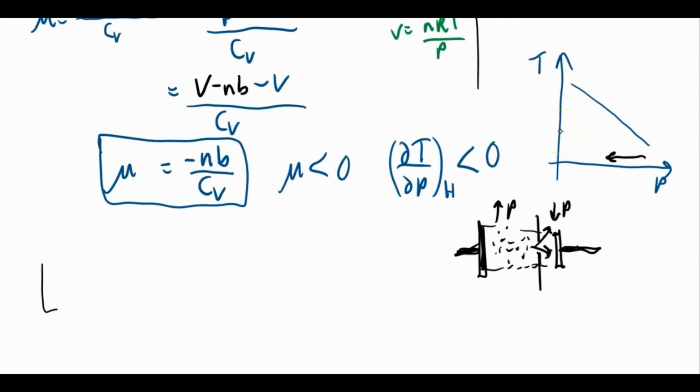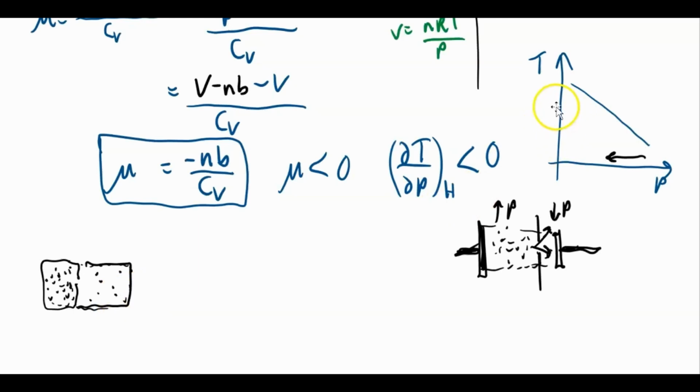So we're going from an area that's really more compressed. There's a hole here. And we're going to an area that is more spacious. We're separating those gas molecules, and the separation causes an increase in temperature.